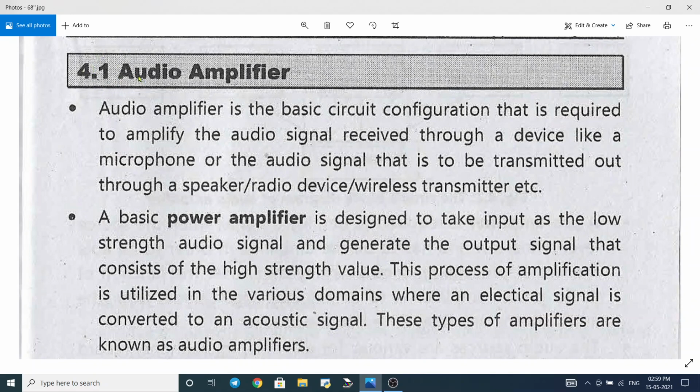The first application system we want to study is the audio amplifier. We know the circuit amplifier. Amplifier is a circuit which amplifies or enlarges the input signal.